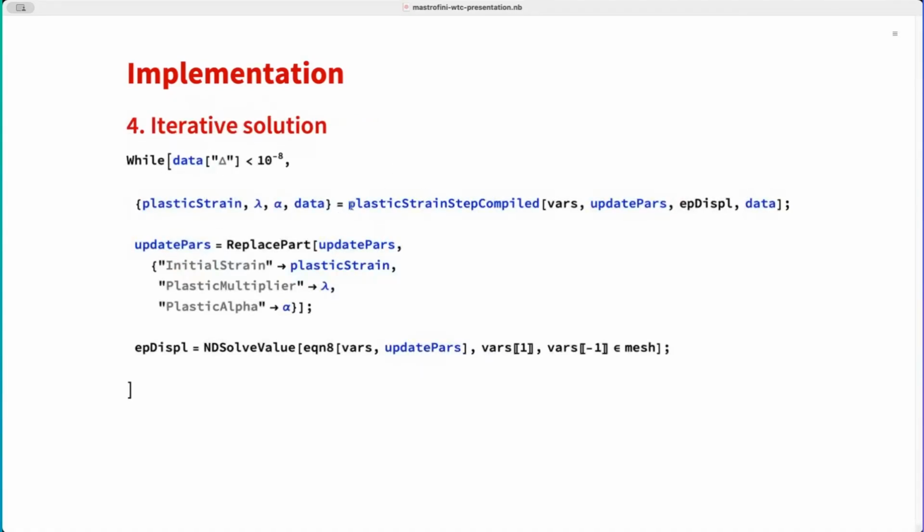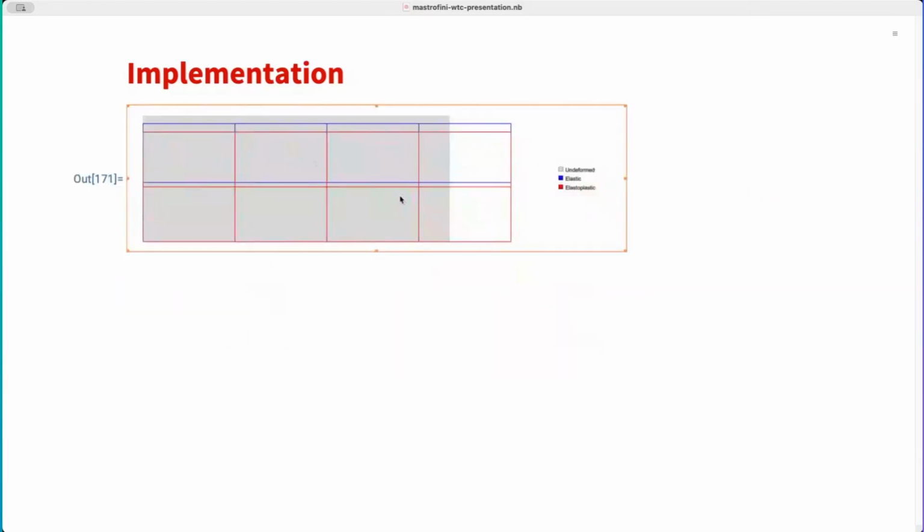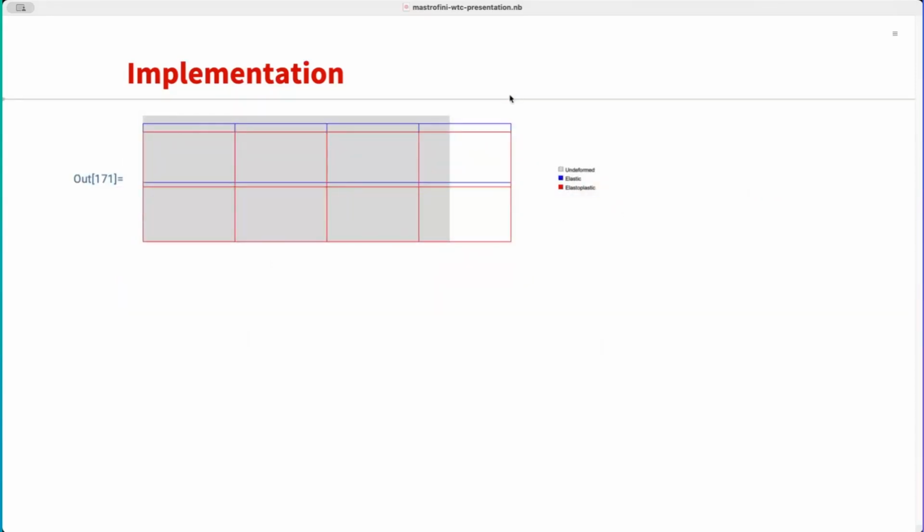In particular, we can use a function to solve the plastic problem and then compute once again the solution using a solve. And this gives us a new displacement that now accounts also for the evolution of the plastic variables. So by evaluating the new displacement, we can first of all observe that the mesh shows a different displacement.